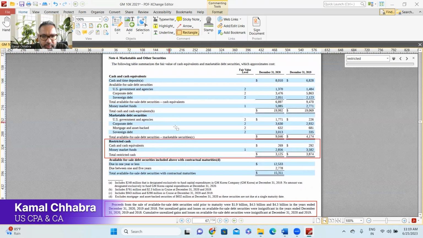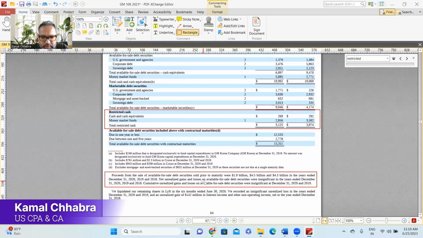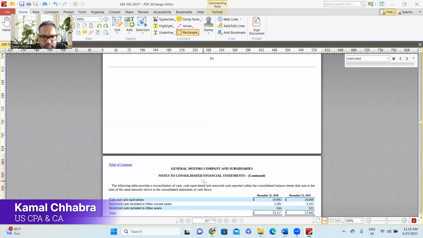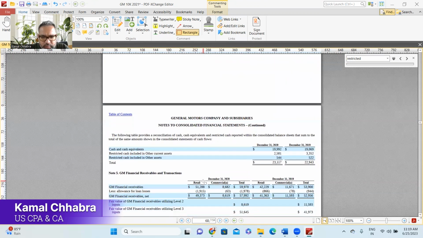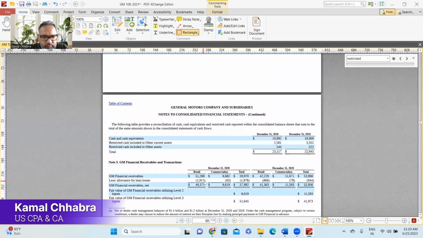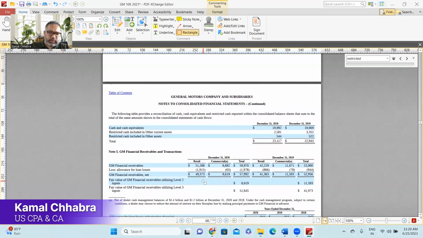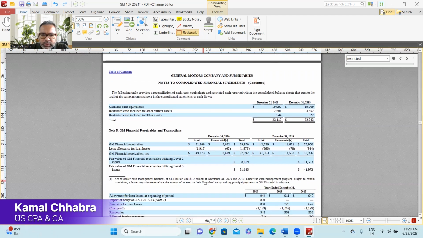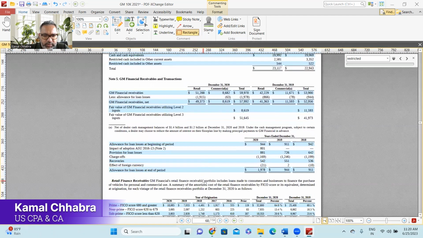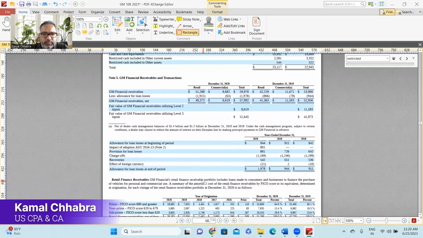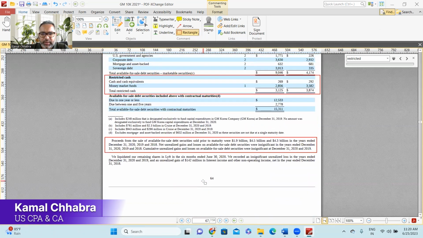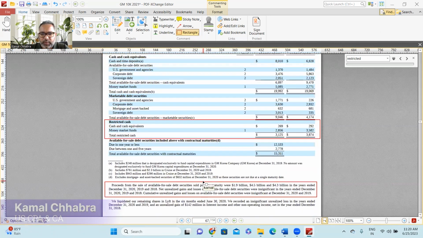So this is for A, B, and C. So restricted cash. Restricted cash includes other current assets, restricted cash including other assets. So there's a reconciliation as well for the restricted cash they have given. But ideally, they should have disclosed what this is being restricted for.